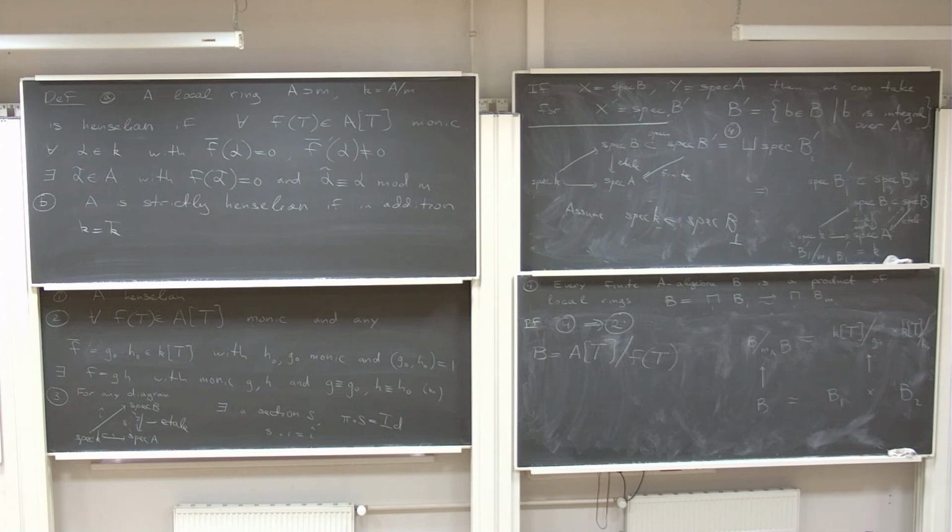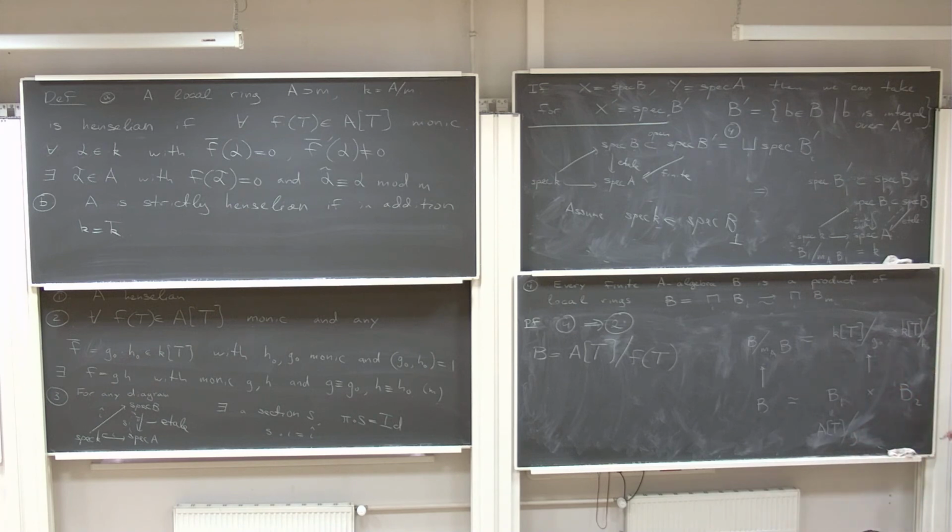Now, what do we know about B1 and B2? Well, Bi is generated by one element. They generate these algebras as A-modules. As algebras, they're still generated by this one element t. And that means that I can write each of these as A[t] modulo some g.